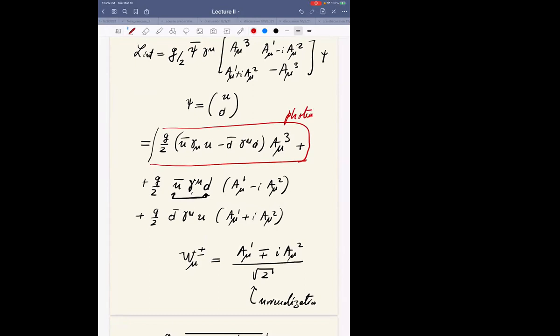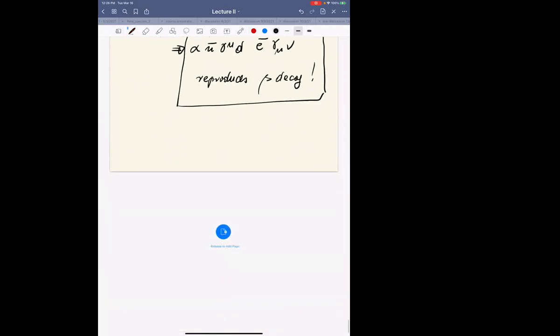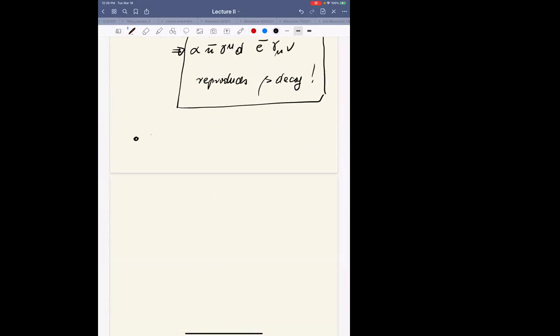I predicted a W boson from my structure. I also predicted a photon. So besides W, there is also the photon. Unfortunately, the photon is A mu 3. Unfortunately, I'm saying this beautiful charge is quantized, but it's wrong because I have an interaction A mu.